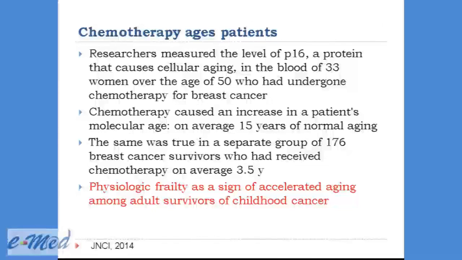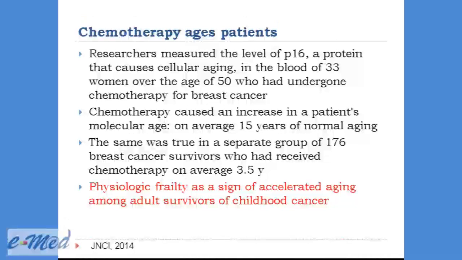A recent paper published in JNCI summarized the known data about chemotherapy, and based on molecular markers like P16 and other clinical and physiological markers, we can summarize that chemotherapy causes an increase in patients' molecular age of about 15 years more than normal aging.